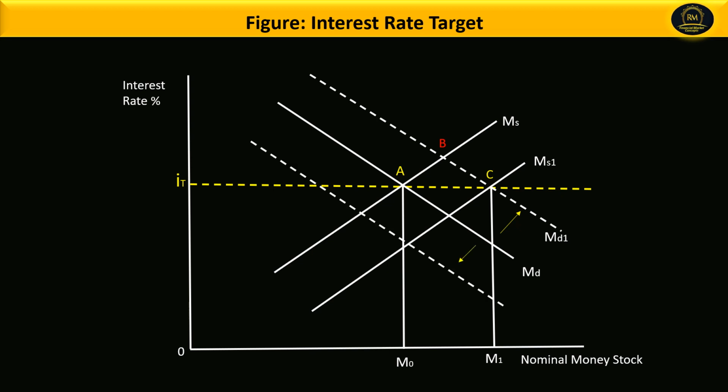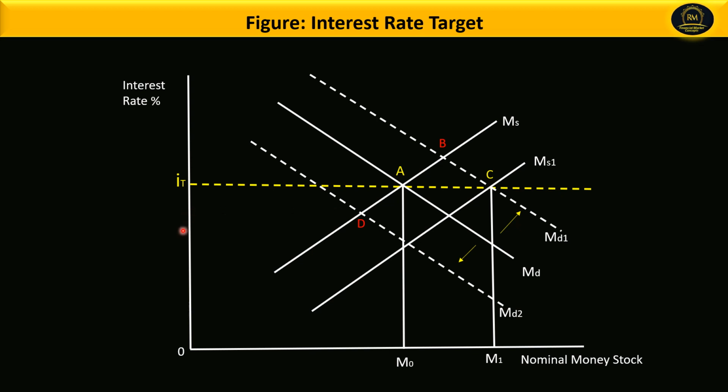If the demand for money decreases from MD, the initial demand, to MD2. As a result of the fall in the demand for money, the new equilibrium shifts from point A to point B. At point B, we can see that the central bank again missed the targeted interest rate. The interest rate has fallen.